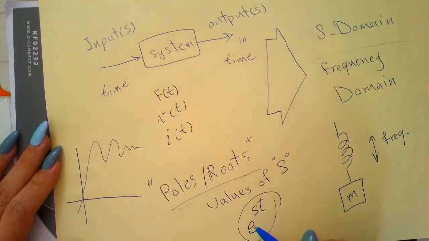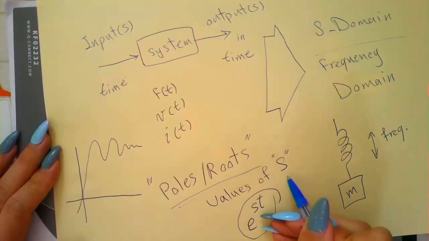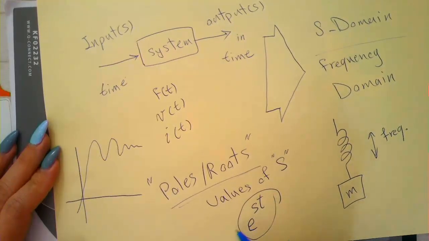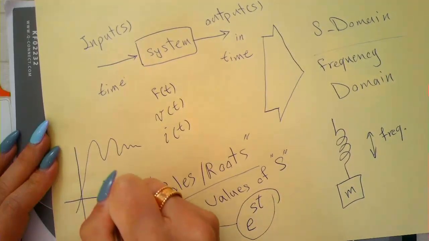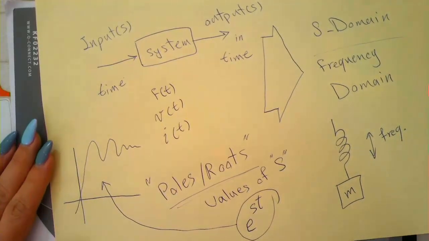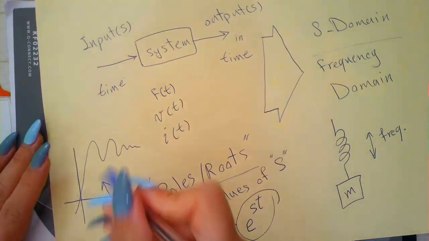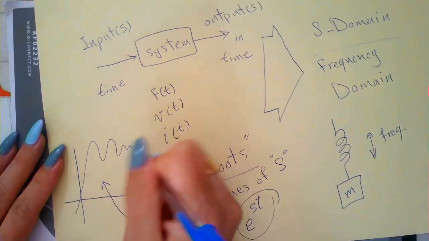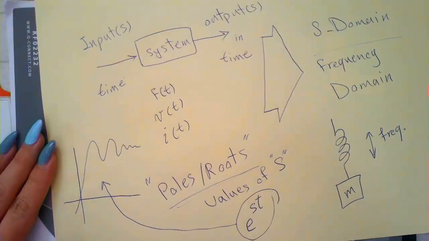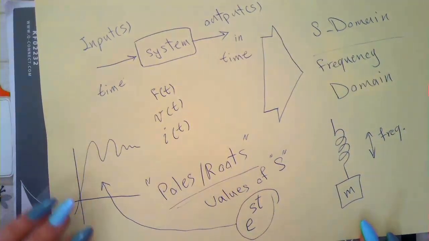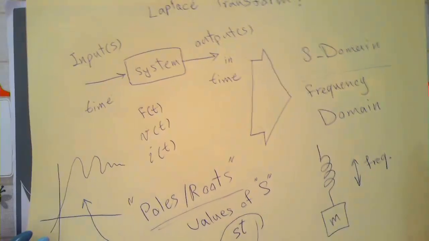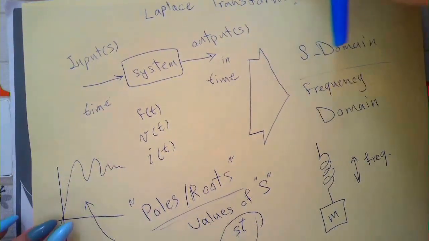So when we are looking at values of s, we want to know how this exponential plot can accurately be plotted, so at what stage the system is settling down. Okay, so that's the introduction. Let's take a look at the formula.